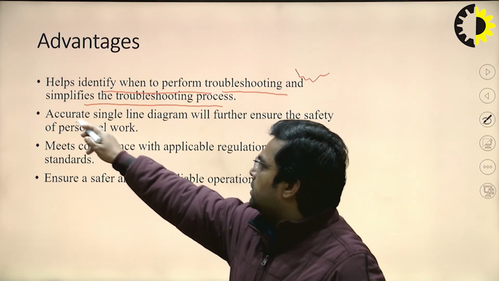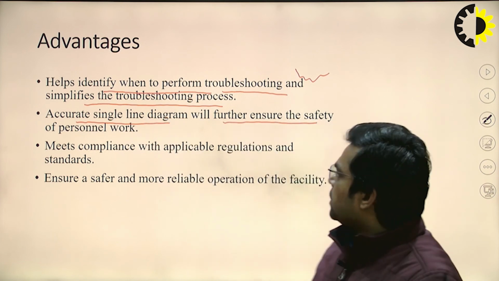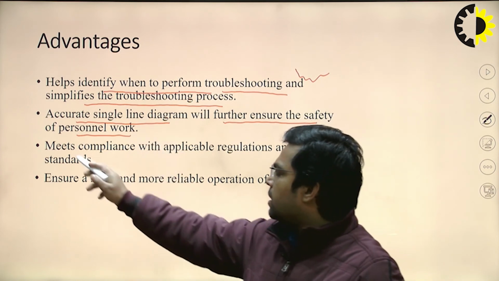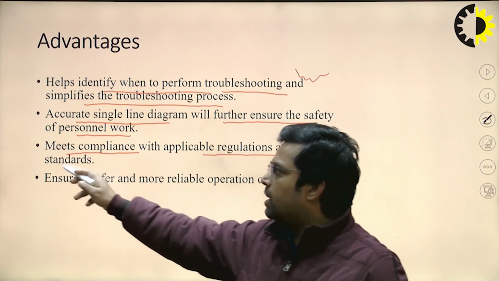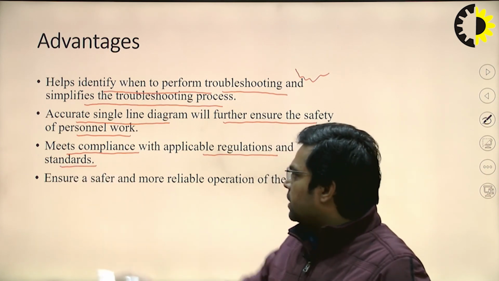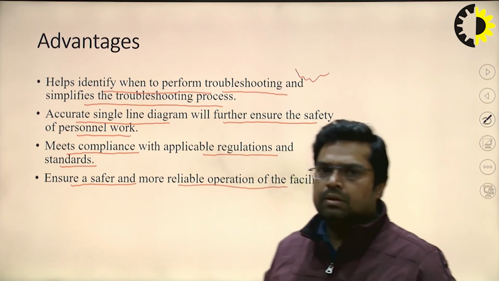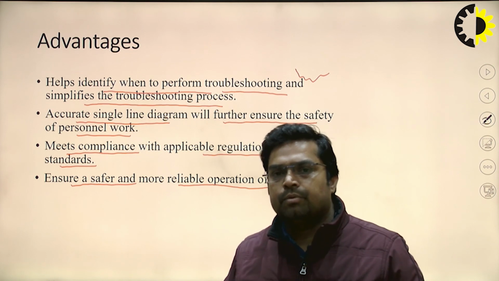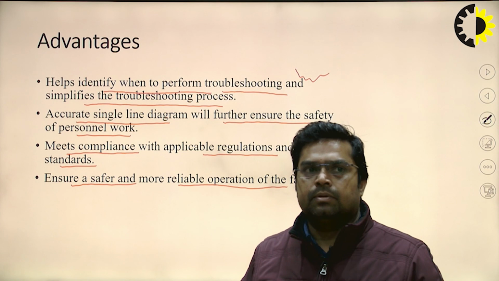Another advantage: an accurate single line diagram further ensures the safety of personnel at work. This is very important. Another, it meets compliance with applicable regulations and standards. It ensures safer and more reliable operation of the facility. So these are the general and more important advantages of the single line diagram.